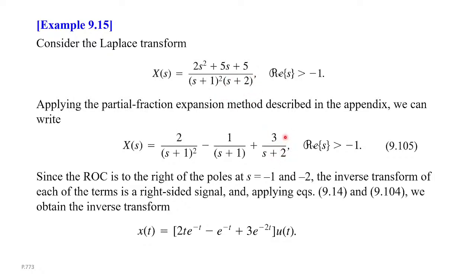The one pole gets 1 term, and the double pole gets 2 terms, so we'll get an (s plus 1) term and an (s plus 1) squared term. If you just expand everything out, you can solve the 3 by 3 linear equation. That's doable. We already skipped the solving here, and we got the coefficients 2, minus 1, and 3.